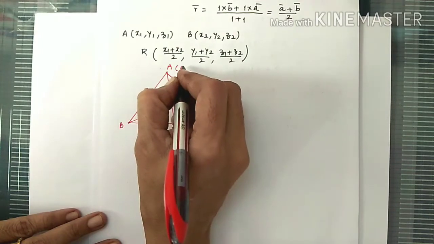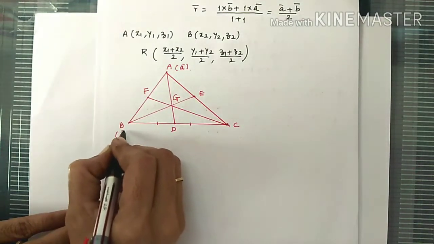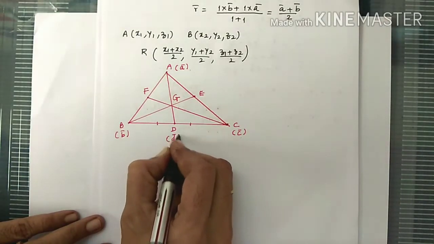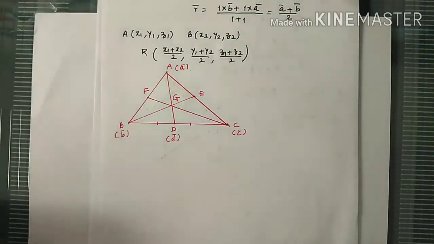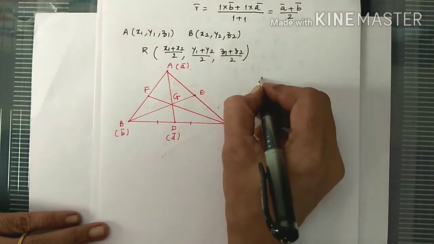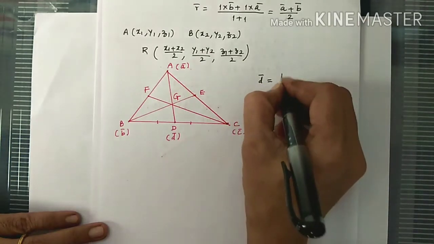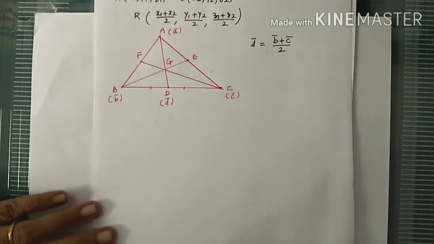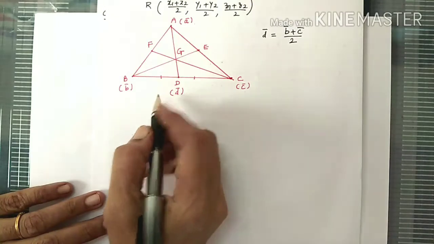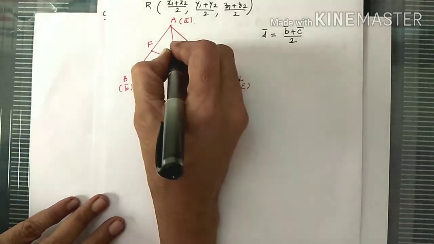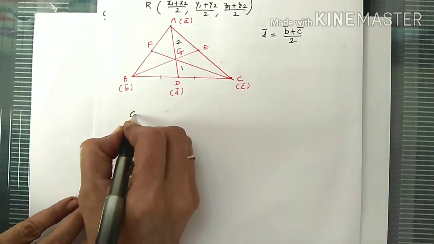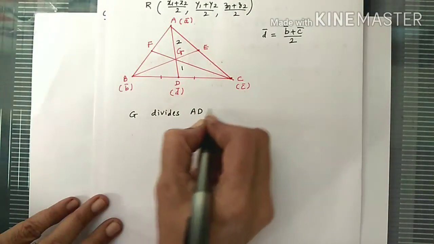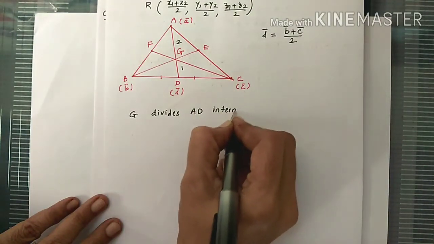Let's take A bar, B bar and C bar as position vectors of A, B, C. Let position vector of D be D bar. Now D is midpoint of BC. Just now we have proved midpoint formula, so D bar equal to (B bar plus C bar) upon 2. Now every median is divided in the ratio 2:1 by the centroid. So G divides AD internally in the ratio 2:1.